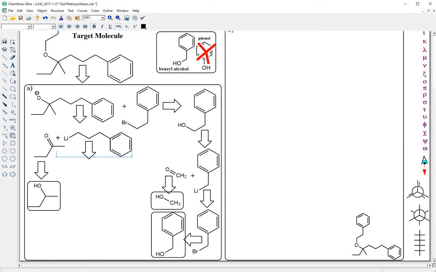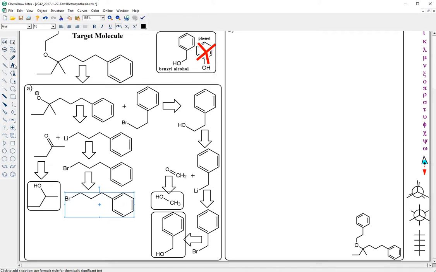Organolithiums only come from alkyl halides. Alkyl halides can easily come from alcohols. Sadly, the benzyl portion only takes you to here.